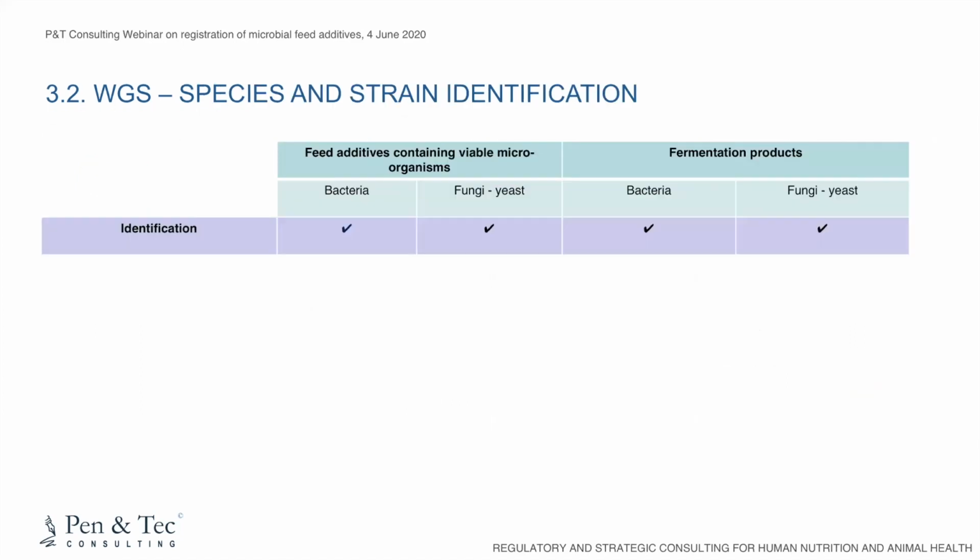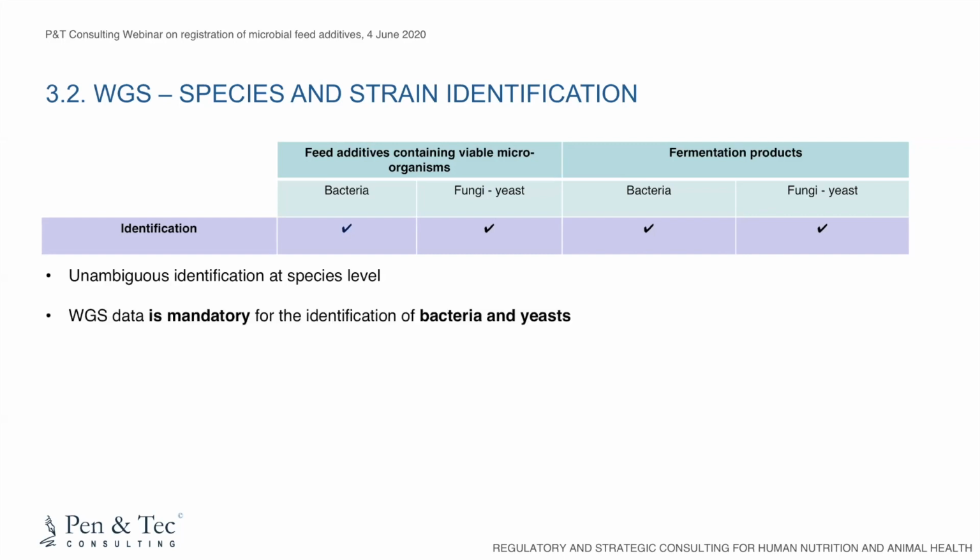All microorganisms under assessment should be identified unambiguously at species level based on up-to-date methodologies and current knowledge. The whole genome sequence analysis is required for the characterization of both bacteria and yeast, as you can see in the table. Also for any types of microorganisms, either used as feed additives or as production strains.